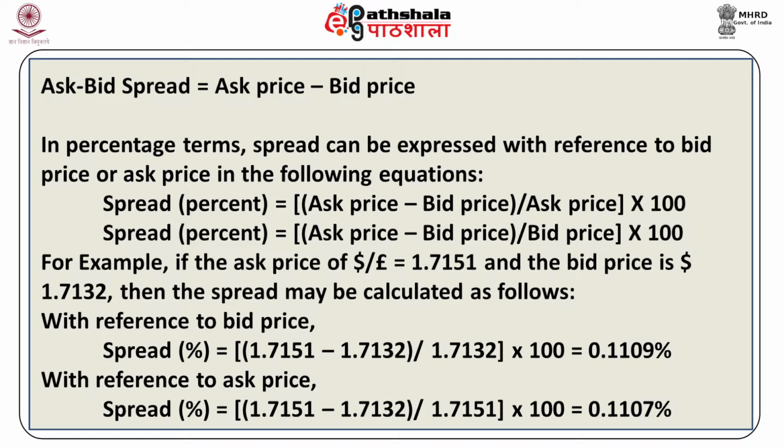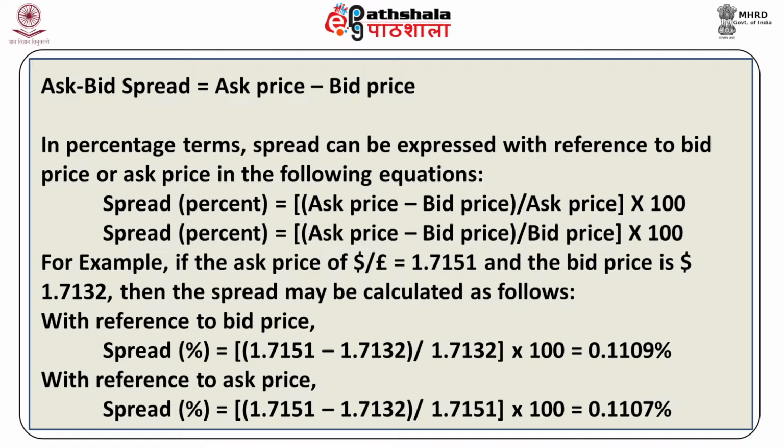With reference to bid price, spread percentage is equal to 1.7151 minus 1.7132 divided by 1.7132 into 100 is equal to 0.1109%.